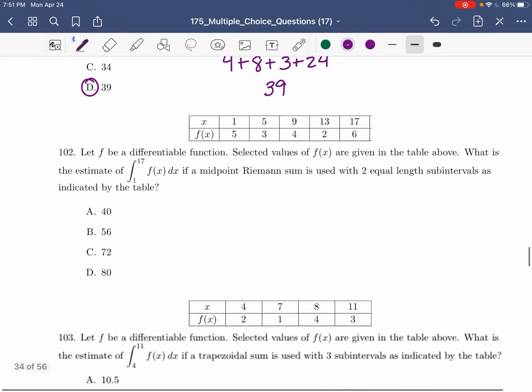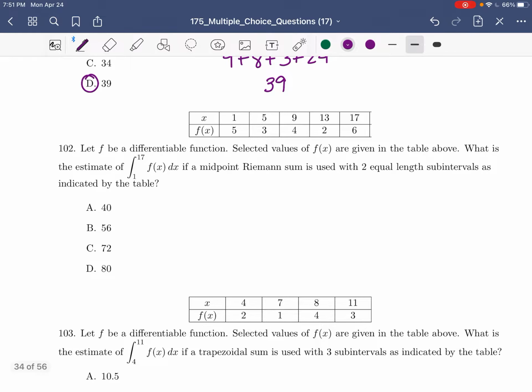Next, this one wants a midpoint Riemann sum. So we can only have 2 equal subintervals because we have to have some middle value. This is what we're going to be using for our middle values, but our change is going to be from 1 to 9 and 9 to 17.